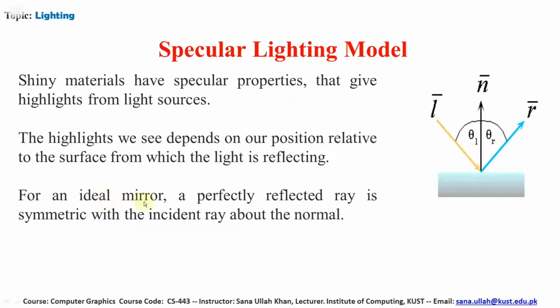So for an ideal mirror, a perfectly reflected ray is symmetric with the incident ray about the normal. So this is the equation. This is the incident ray and this is the ray's reflection. And this is the object which acts as a mirror.